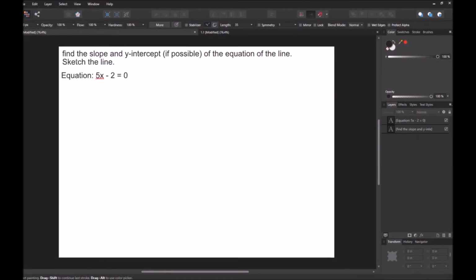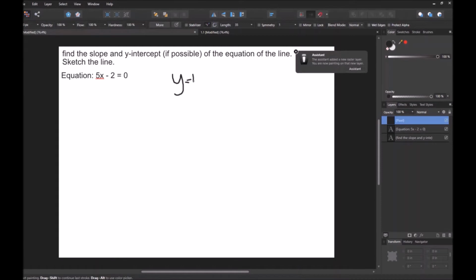Okay, so in this next question we are asked the exact same thing, to find the slope and the y-intercept, if possible, of the equation of the line and to sketch the line. And the equation we're given is 5x minus 2 equals 0. I want you to notice that there's a distinct difference between this and the other equations we've seen in previous problems. In previous problems we've seen equations written in some sort of y equals mx plus b format.